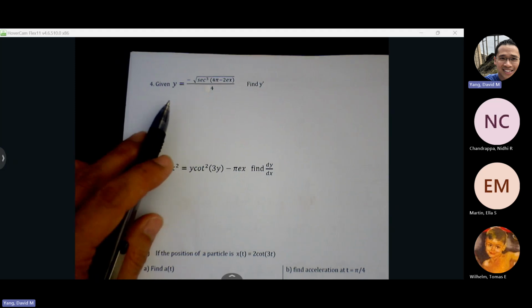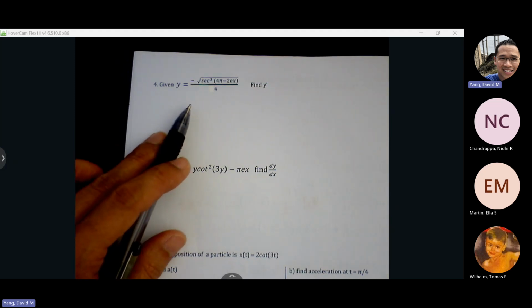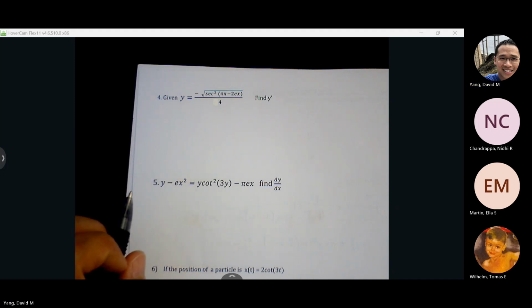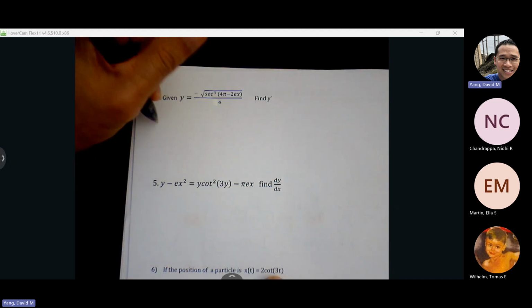Okay, number 4, we see a fraction, but there's no need for a quotient rule. We should just be able to pull that negative 1/4 out and then set it up for chain rule.